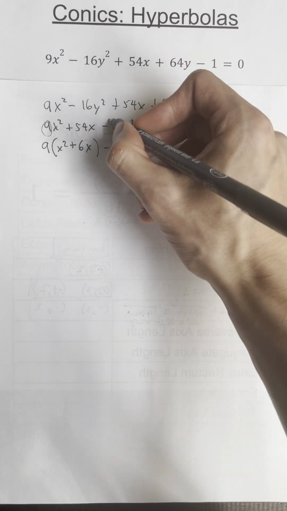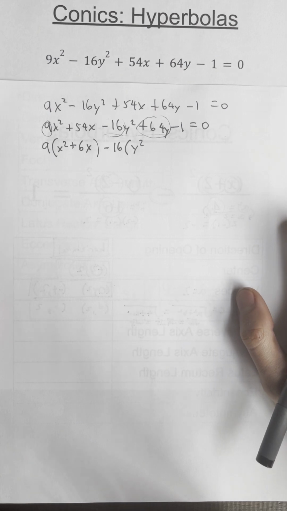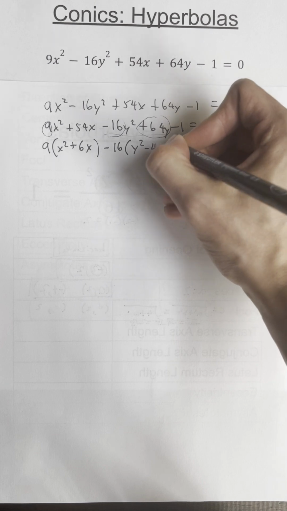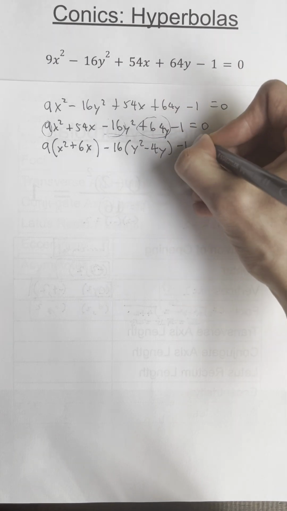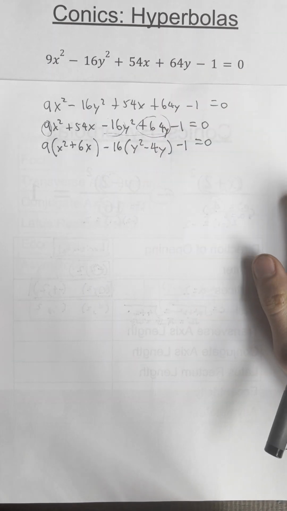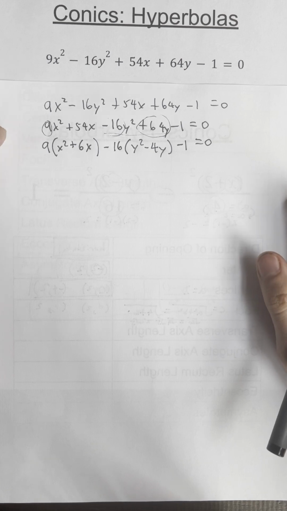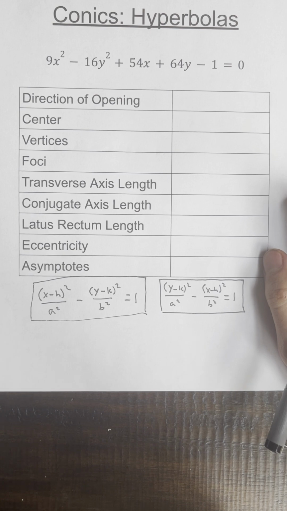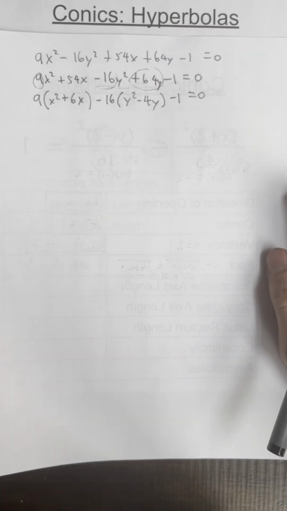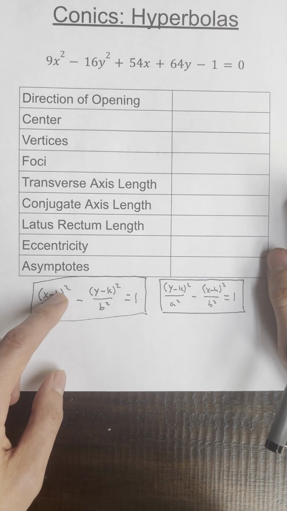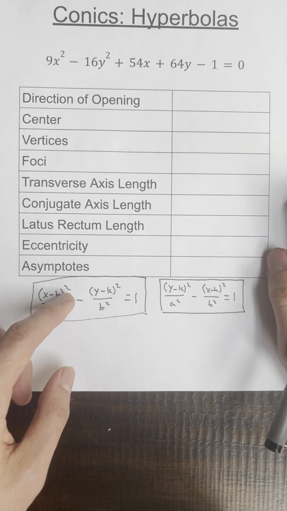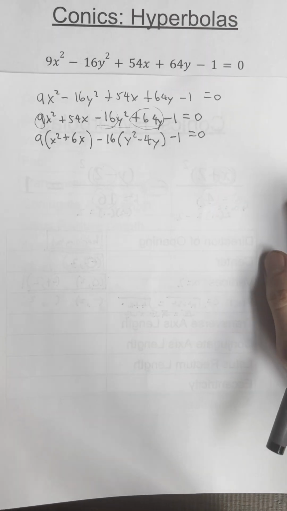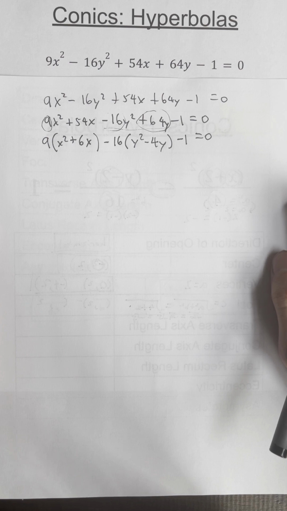Positive 64y divided by negative 16. Negative 4y. Okay, so this is starting to look a little bit closer to standard form, because now at least we have parentheses in our equation, but we need to get the squared term. We just need to get something squared for x and y. Okay, so how do we do that?